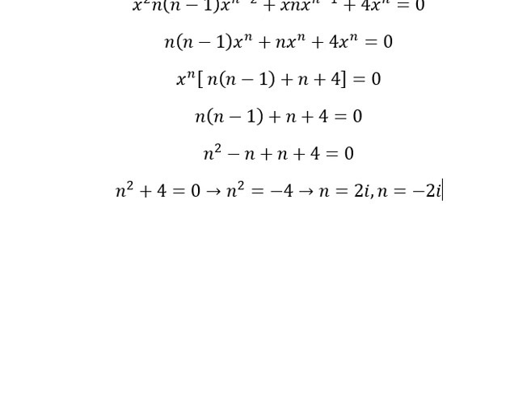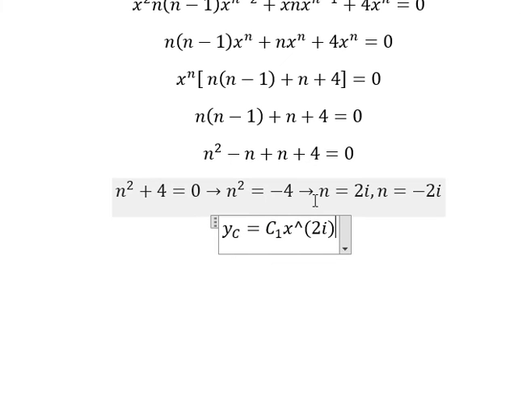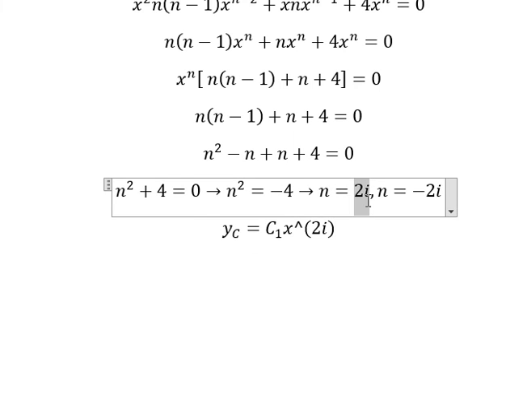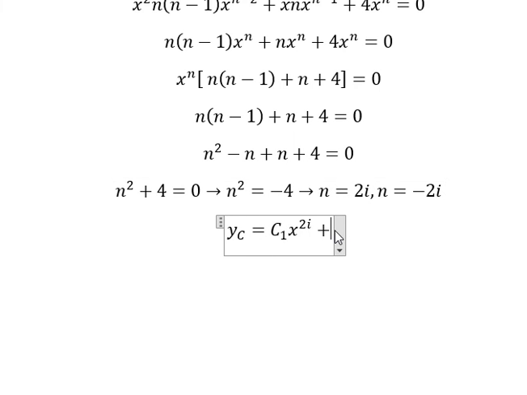And now we have yc equals c1 s to the power of 2i. We change n into 2i in here, and c2 is s to the power of negative 2i.